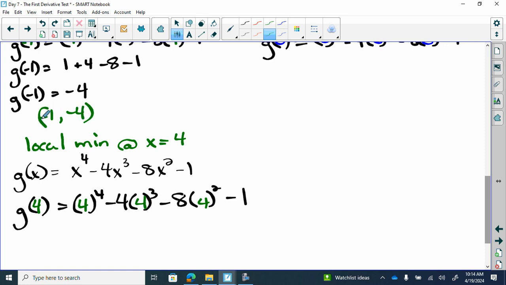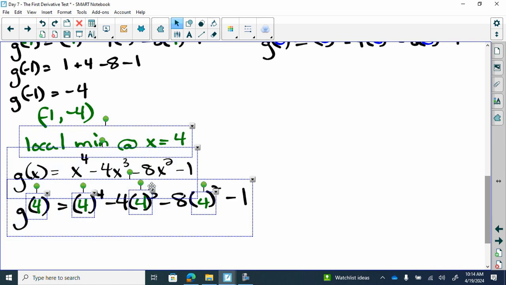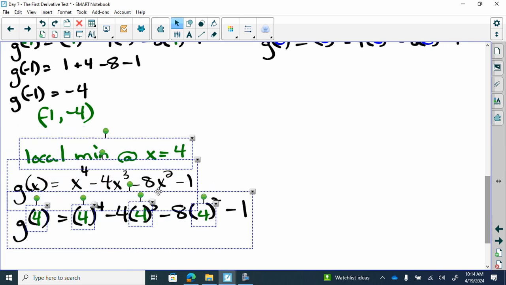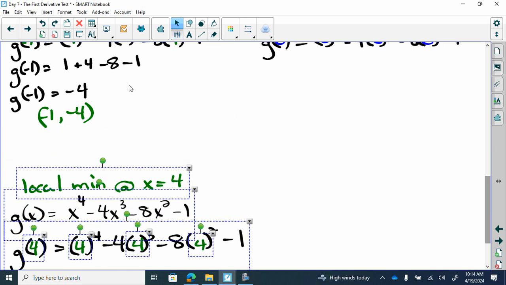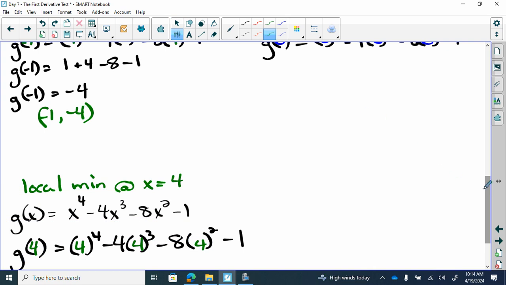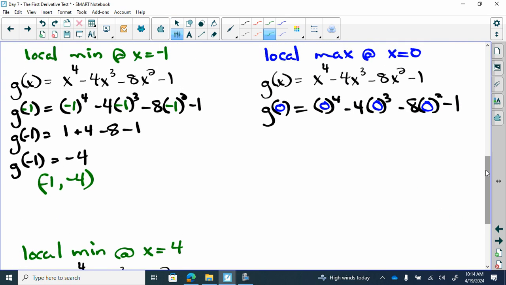This is not an interval. It's not x to x. It's a coordinate. That's right. It's an ordered pair. That's x comma y. This is a pretty easy calculation. These are all just going to be zeros.